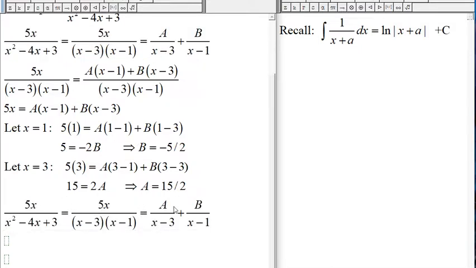So in the place of a, we have 15 halves, and in the place of b, we have negative 5 halves.